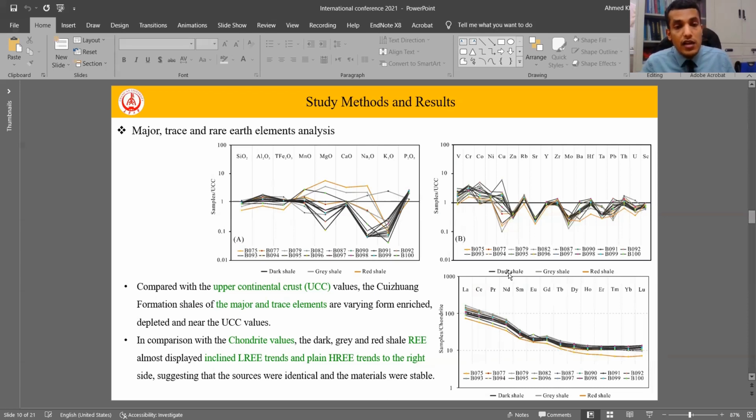And for the rare earth elements, the light rare earth elements trend is inclined from the left to the right, and for the heavy rare earth elements, the trend is almost flat. This can give us an idea that the materials were stable during the deposition and also were identical.